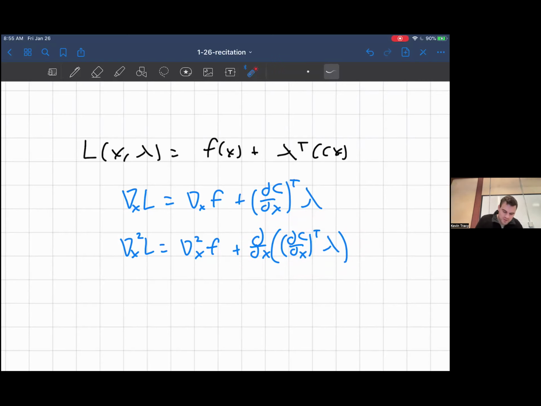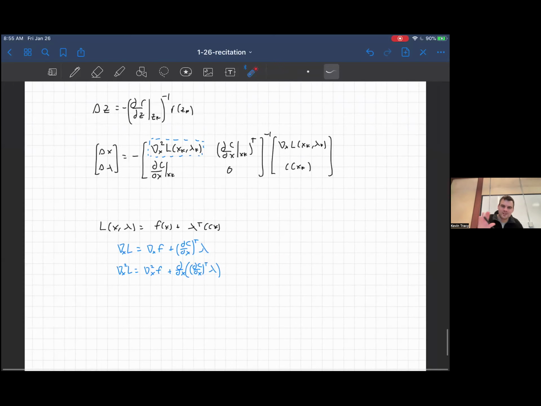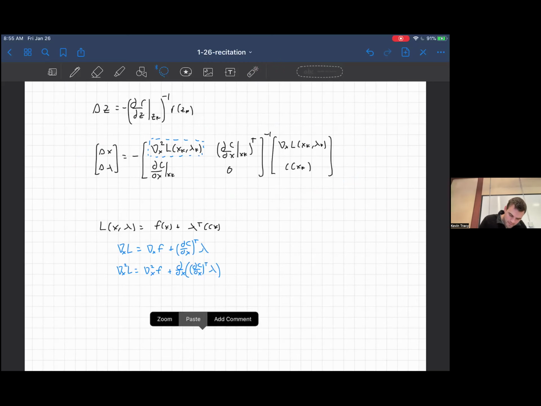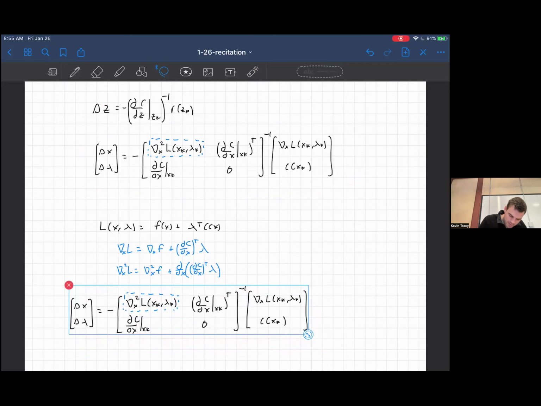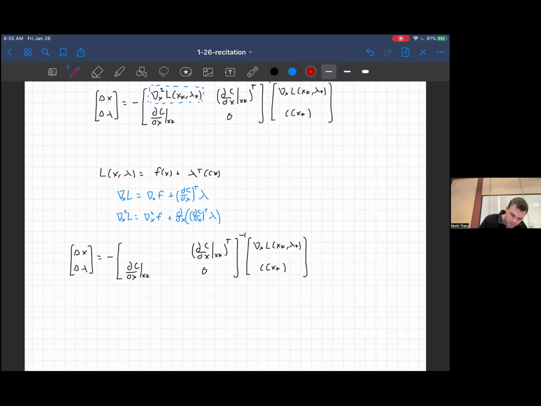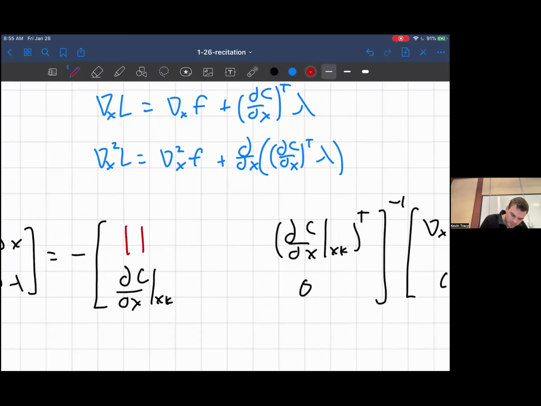So this leads us to a generalized version of Newton's method, where I will copy and paste this. Now as opposed to just having the true answer, I will write just a placeholder H. And then we're going to write down two forms of this.